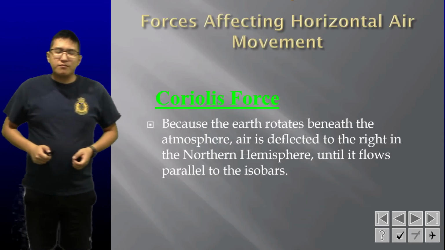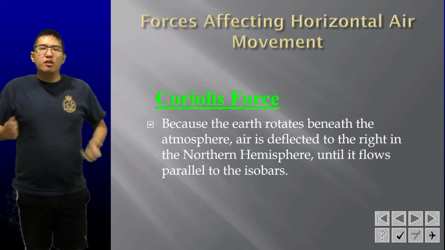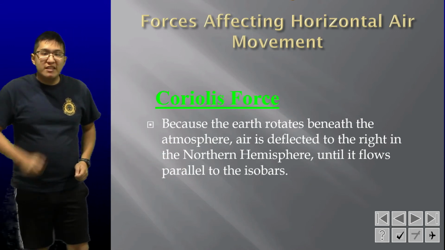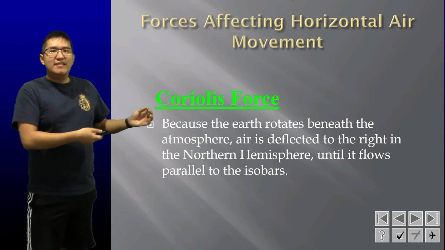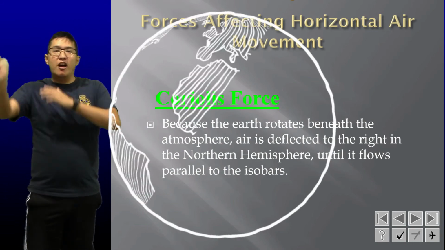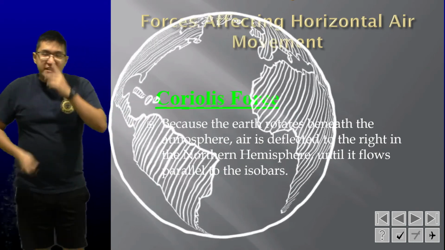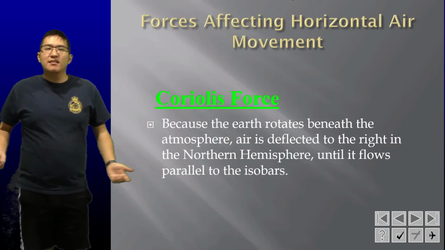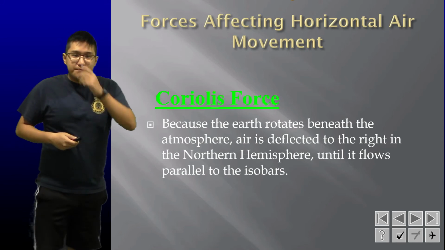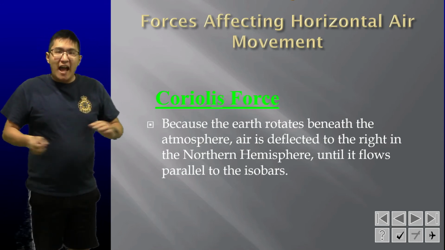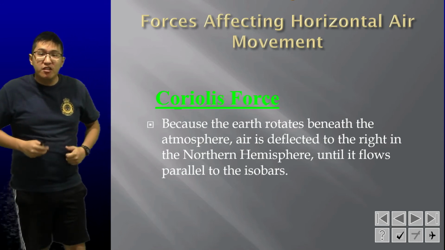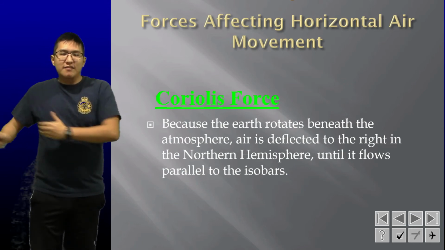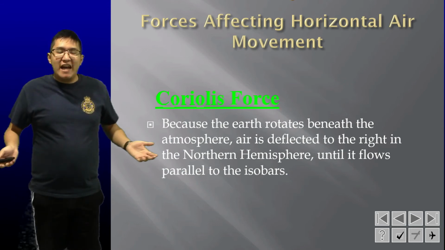Coriolis force. We don't really call it Coriolis force, it's more the Coriolis effect. But what this does is, this is the result of the rotation of the Earth. As the Earth rotates, there's a bunch of physics that happens, which affects our winds. The result, at least for us in the northern hemisphere, is that the air is deflected to the right until it flows parallel to the isobars.